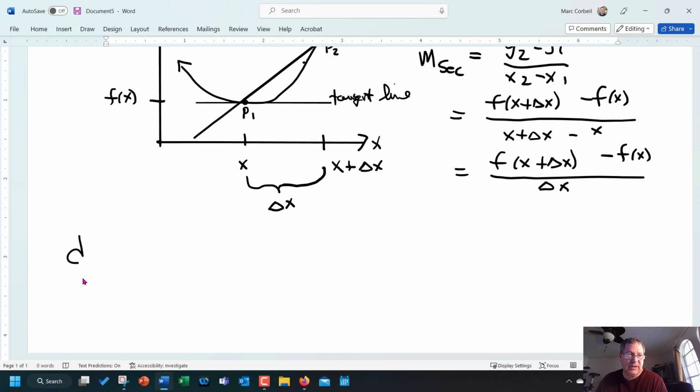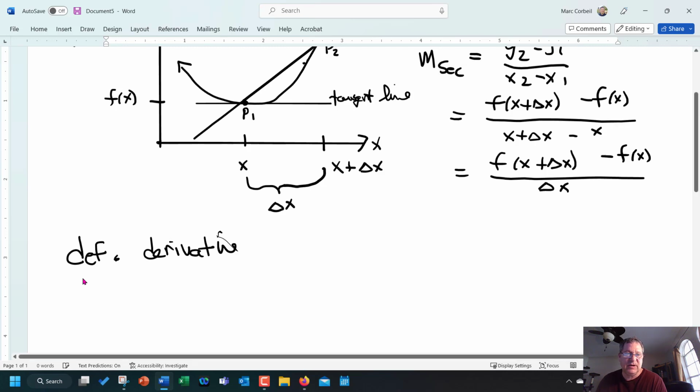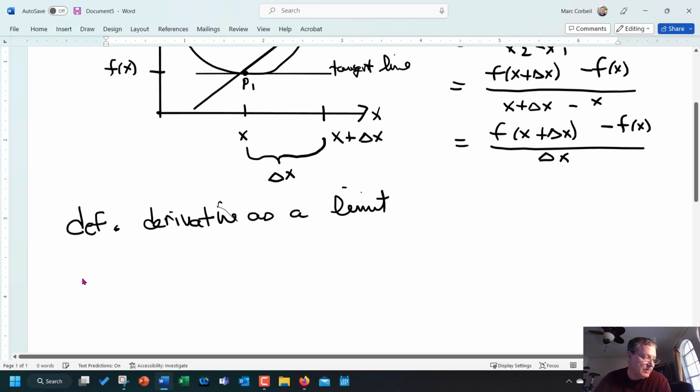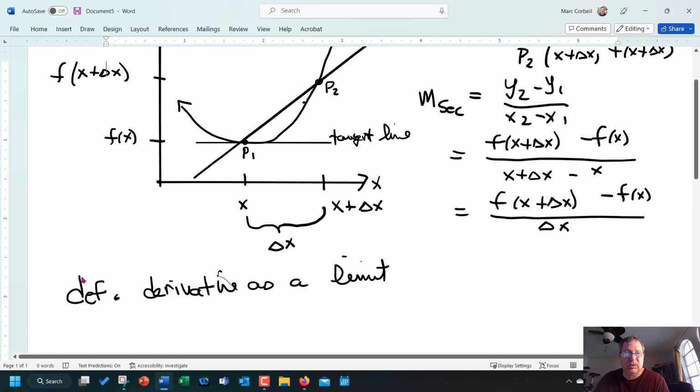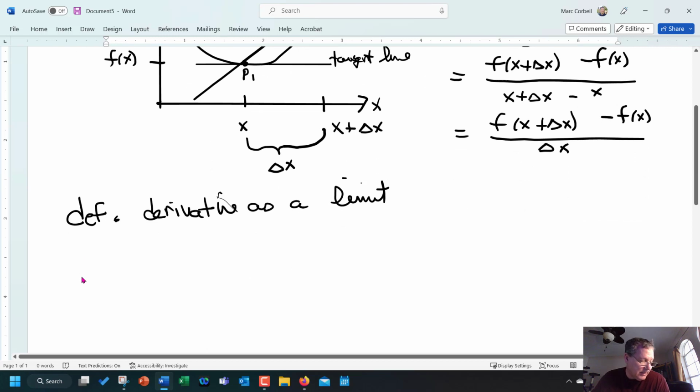So we're going to actually go ahead and do that definition. And this is the definition of a derivative. And often we say it's the definition of the derivative as a limit, because that's exactly what we're going to do here. What we're looking for is really the slope of the tangent line exactly.